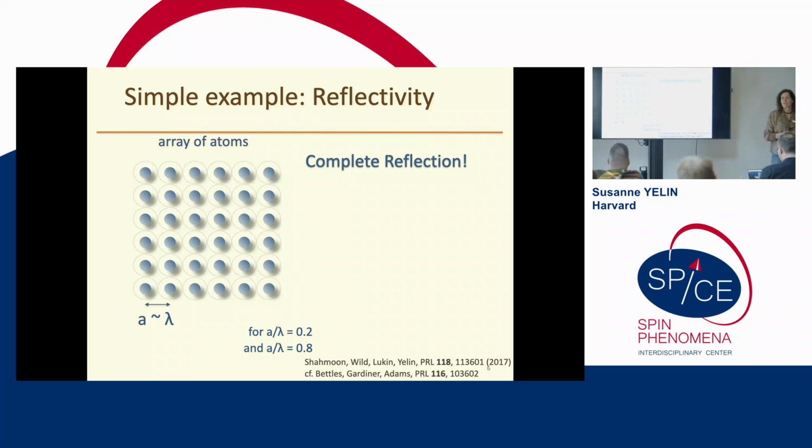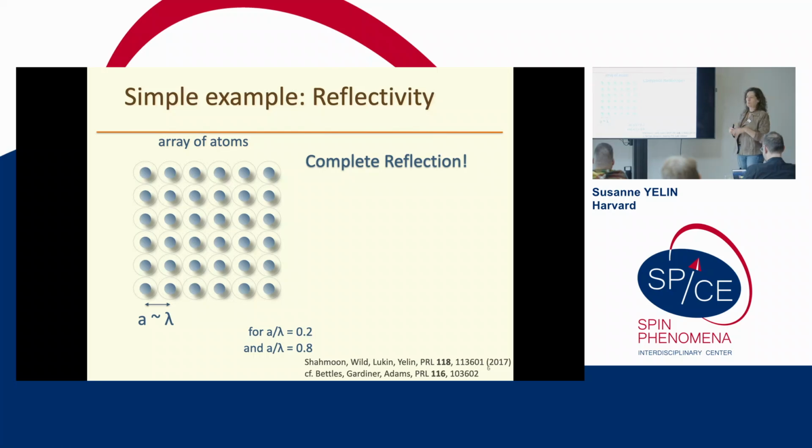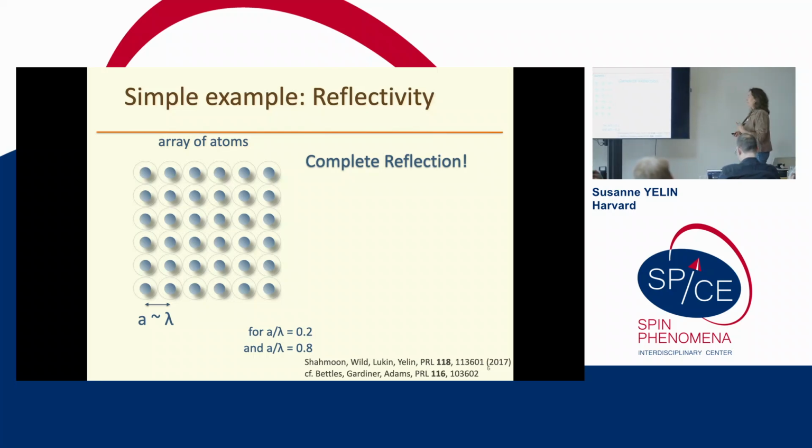My postdoc, Effie Chamon, who is now a professor at Weizmann, sat down and did this calculation. Honestly, he did it in an afternoon. Once you know how to do it, it's a very simple calculation. What he found was actually very surprising: one does get complete reflection if you send in a photon in the normal direction, but only for two particular cases.